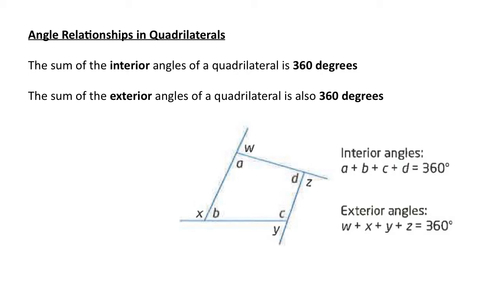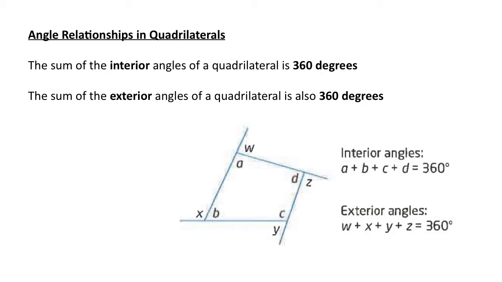A little bit different than what we know about the sum of interior angles in a triangle. In a triangle, the angles only add up to 180 degrees. However, in a quadrilateral, we're now looking at a sum of 360 degrees.